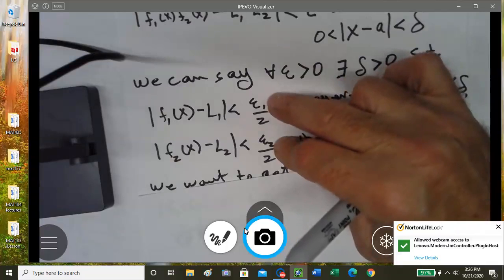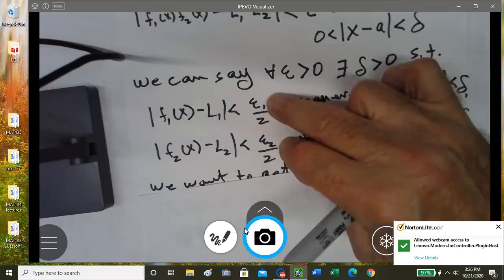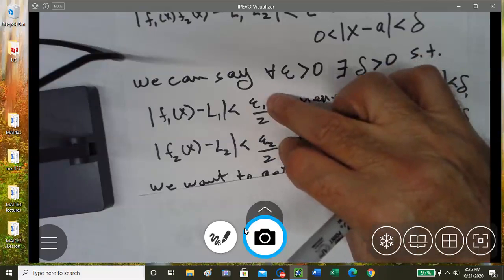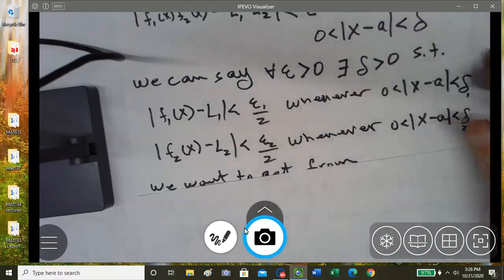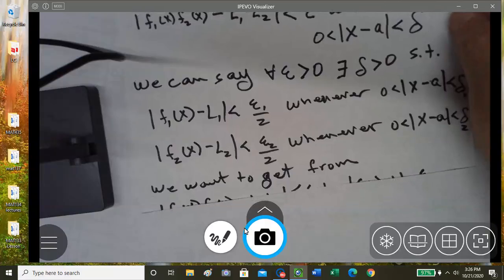We're looking at epsilon 1 over 2 and epsilon 2 over 2, and if we add these two together we get epsilon, then we've proven the function. So that's the whole idea here.